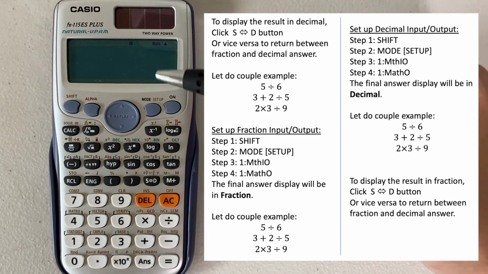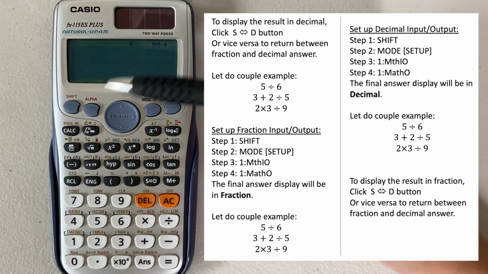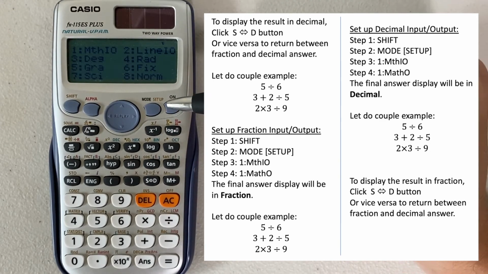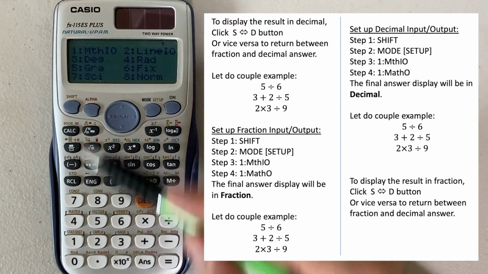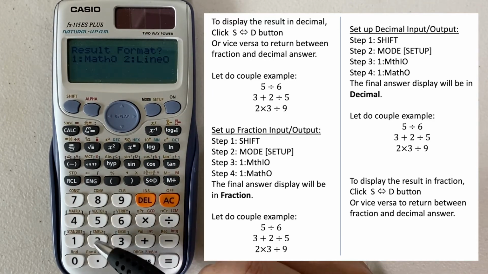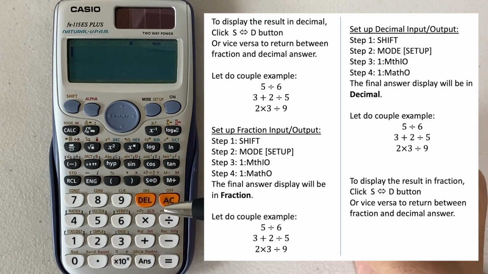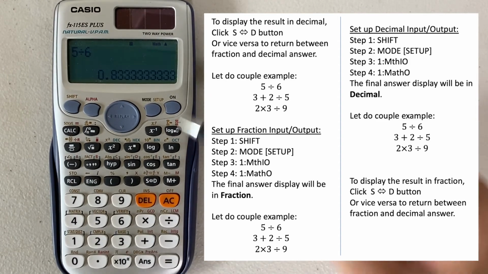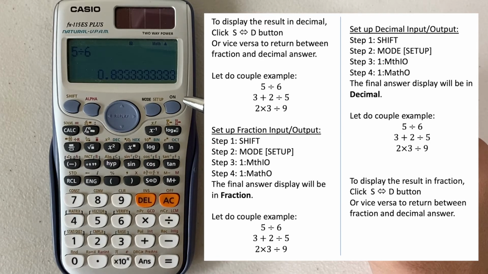And let's say you want to display in the decimal, you follow the same steps. Go to shift, setup, or the mode, and then number 1, select number 2, and let's do an example again. 5 divided by 6, and here it displays in the decimal rather than a fraction.